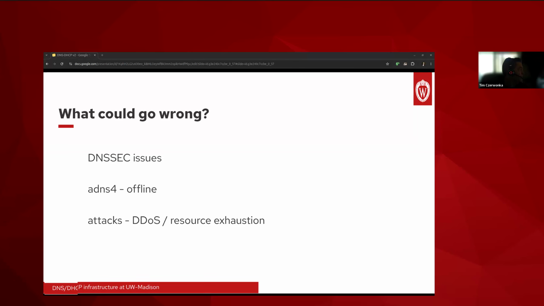So these are a couple of things that we've experienced over the last several years that have been notable, and a few things about what I've learned and what we've done a little bit differently. So DNSSEC, talked about that a little bit earlier. It's DNS security extensions.